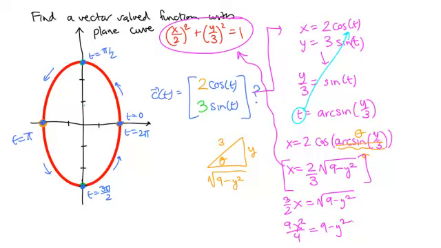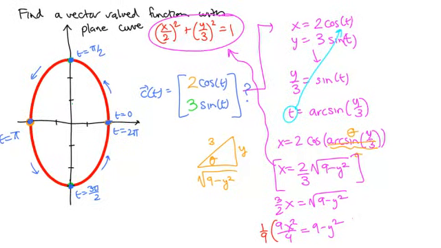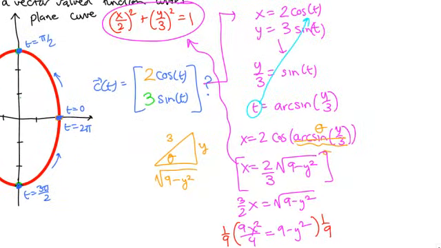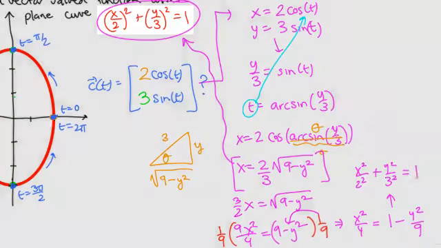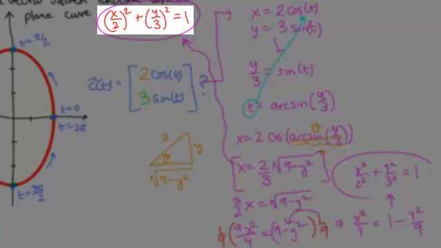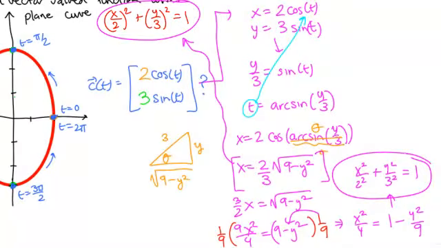Then let me multiply both sides of this equation by 1/9. I find x squared over 4 is equal to, distributing this 1/9 through, 1 minus y squared over 9. If I rearrange that, that's x squared over 2 squared plus y squared over 3 squared is equal to 1. And that's exactly the equation we started off with. So this will work.